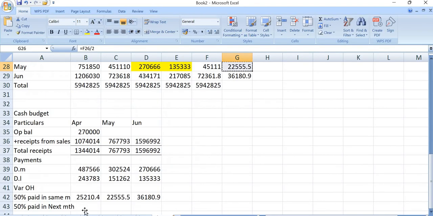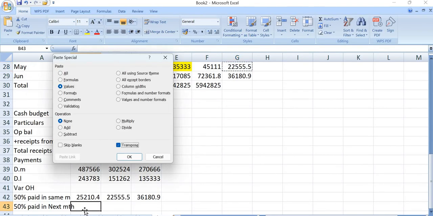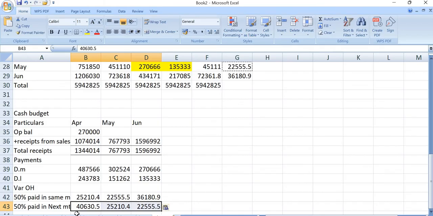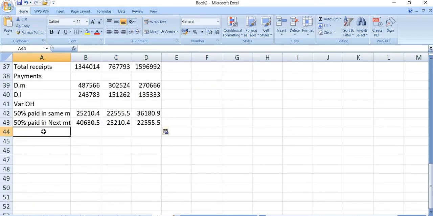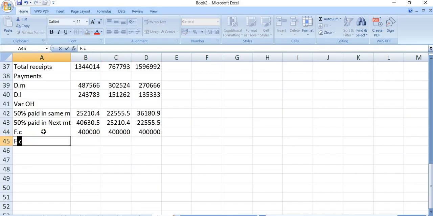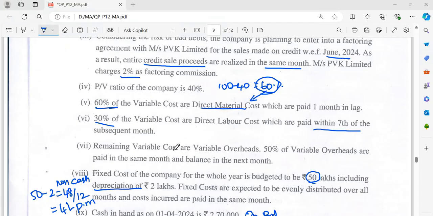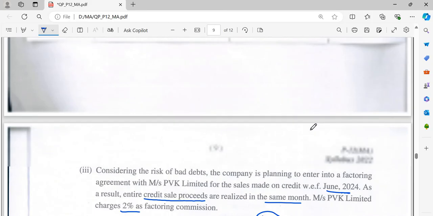That is this one will be paying in same month. So 50% in next month, right? So that means March month 50% we will be paying in April month.